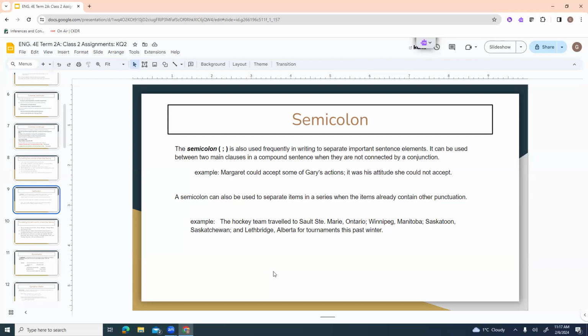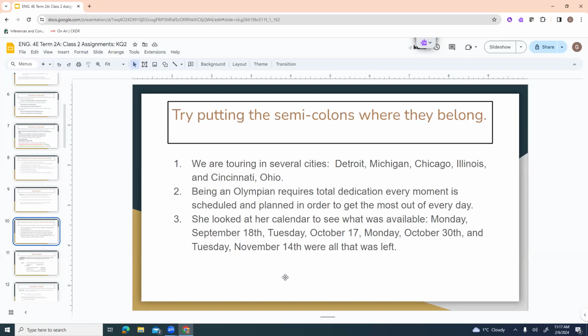Winnipeg, Manitoba; Saskatoon, Saskatchewan; and Lethbridge, Alberta for tournaments this past year. So if they're already using commas for another purpose, like for times or for dates, that's a time where you might need to use a semicolon to split it up and make it more obvious. Just using commas there would be kind of confusing. Okay.